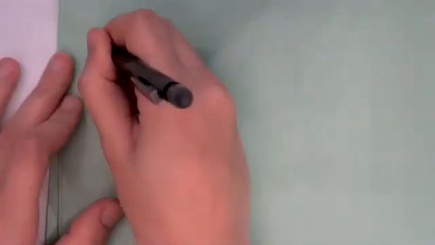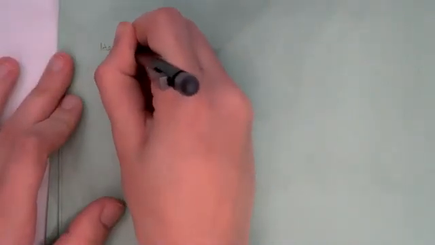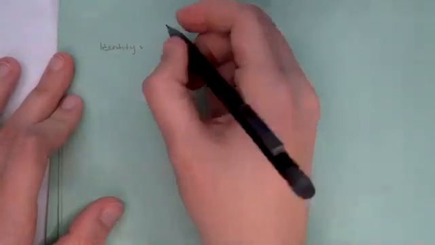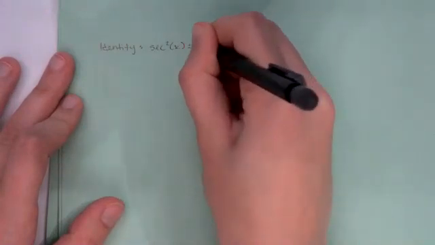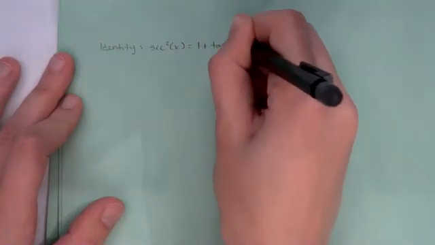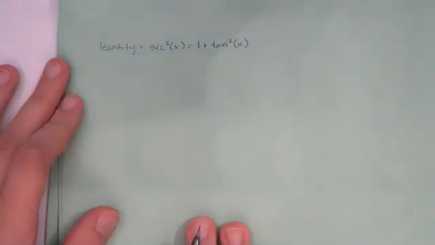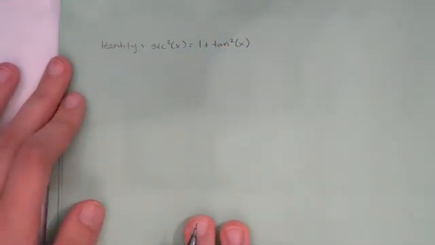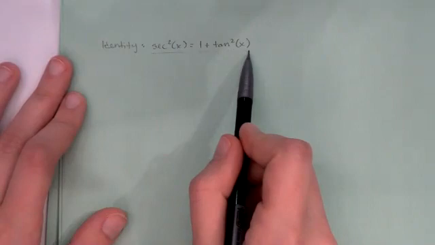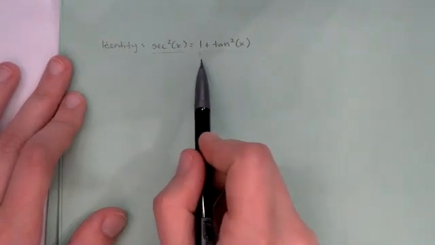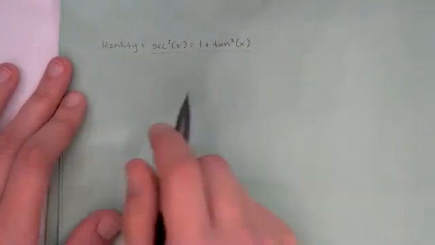So yeah, this takes a look at the same sort of idea. This is based on the identity that secant squared of x is equal to 1 plus tangent squared of x. And so really you're going to want to be looking out for where you have a secant squared, or a 1 plus tangent squared, or 1 minus secant squared even.